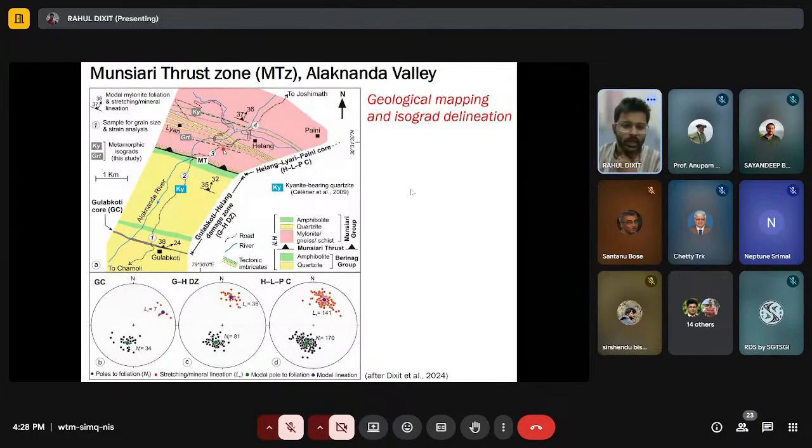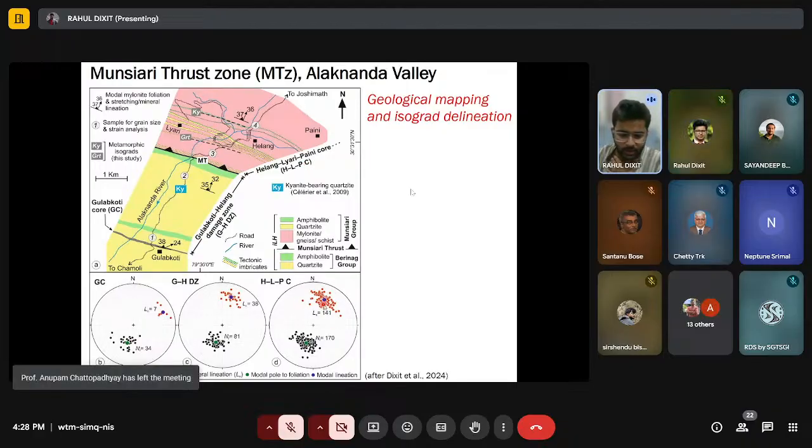Along with that, on the stereo plots, moving from the Gulabkoti core, the first stereo plot, up to the Lyari-Penny core, the last stereo plot, there is not much structural discordance across the Munsiari thrust in these damage zones and their corresponding cores.